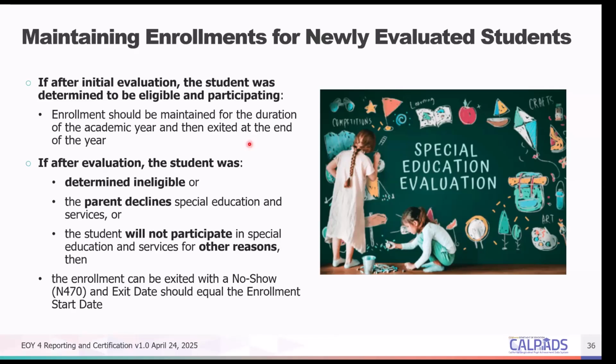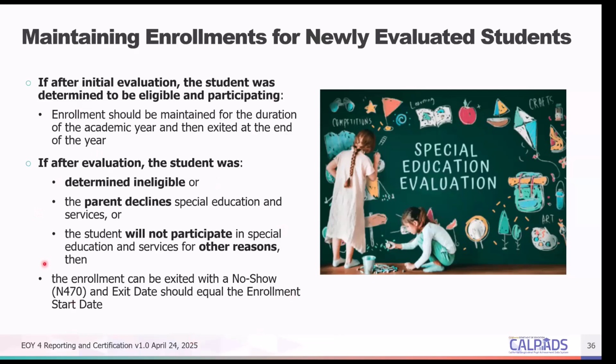If the student was determined ineligible or the parent declines, then the student will not participate in special education services. Then the enrollment can be exited with a no-show N470, and the exit date should equal the enrollment start date.